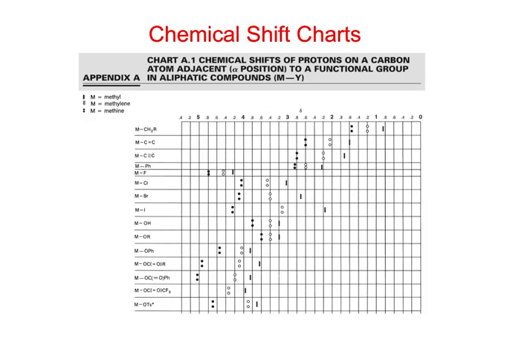All right, so our book has a bunch of tables, and these tables are what we used back when I was taking these classes. But we might as well just quickly look at what these are. So there are some tables like this where they're just looking at some group attached to a functional group. So this M here can either be a methyl or a methylene or a methine.